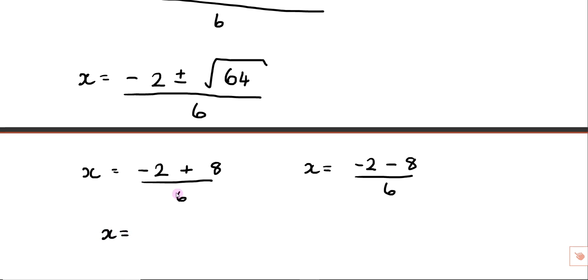So that means x equals negative 2 add 8, so that's 6 over 6, which equals 1, and this one would be negative 10 over 6, which is negative 1.6 recurring. Okay, so there's my two solutions.